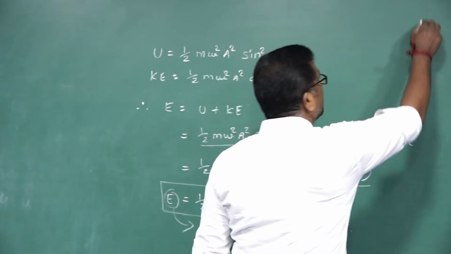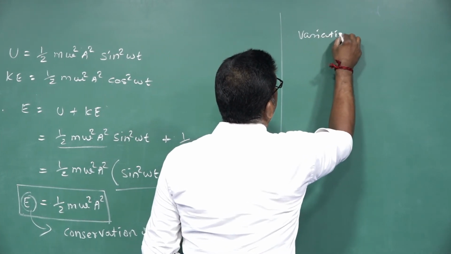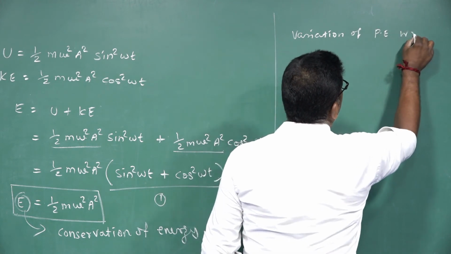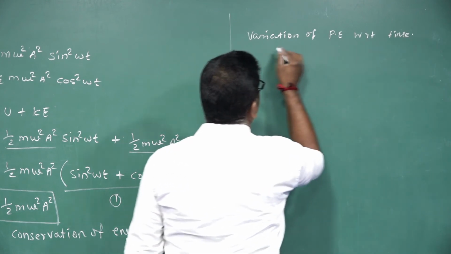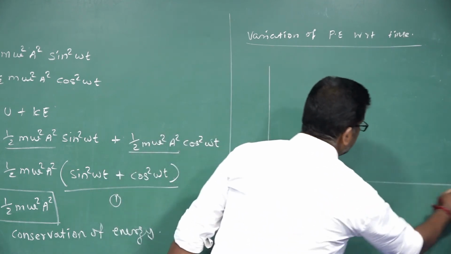First, the variation of potential energy with respect to time graph. The graph is like this.